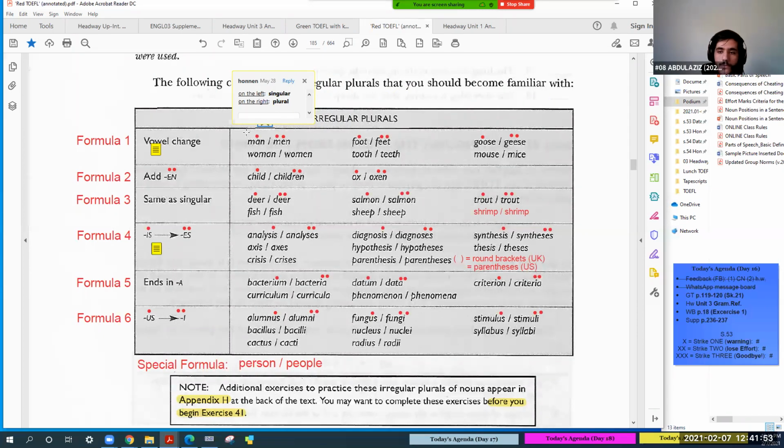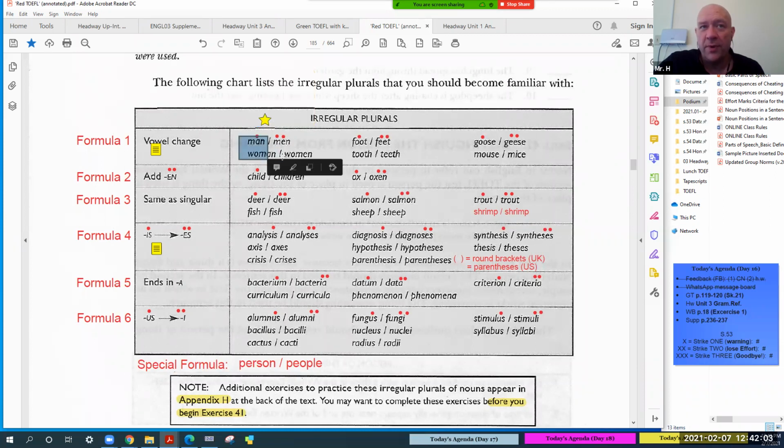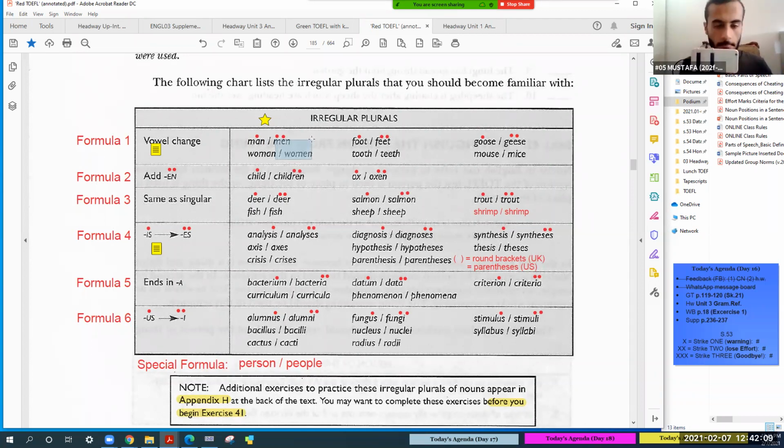So in the examples down here, on the left, singular, and on the right, plural. Singular, plural. Do you understand?